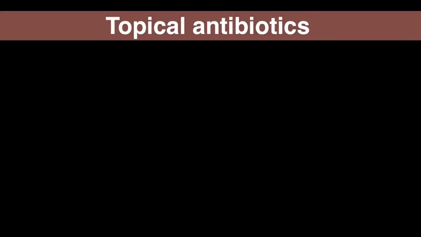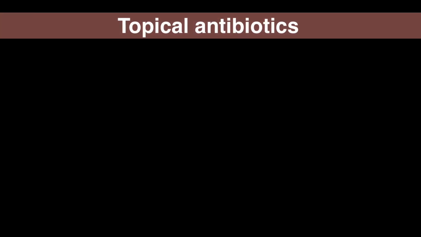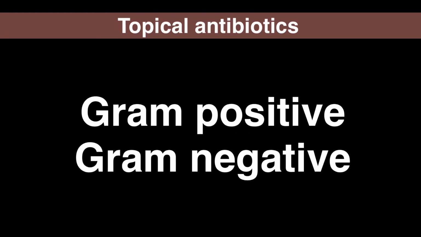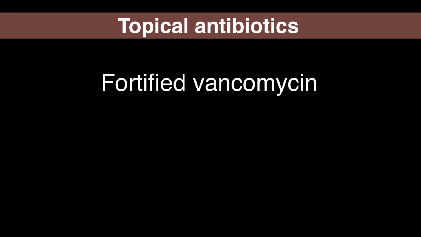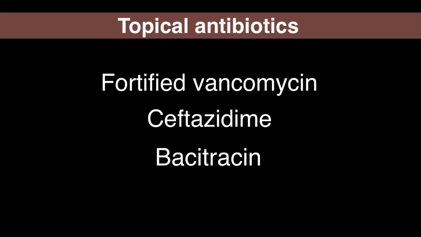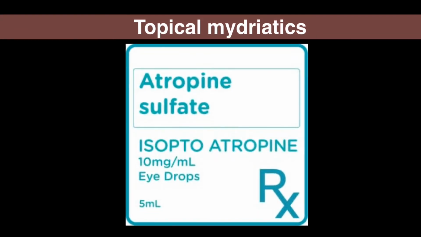A number of topical antibiotics are used depending on the surgeon's preference, but generally, medications are active against both gram-positive and gram-negative organisms. Such antibiotics include fortified vancomycin, ceftazidime, or bacitracin. We also give topical mydriatics such as atropine 1% twice a day daily to dilate the eye to minimize movement of the eye to decrease pain felt by the patient.